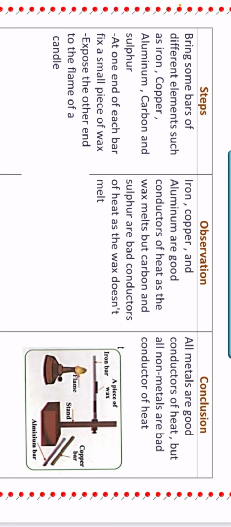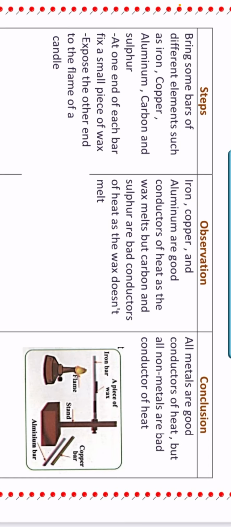All metals like iron, aluminium, copper are good conductors of heat, taking the heat and passing it through. Good conductors of heat because the piece of wax melted. So metals are good conductors of heat, while non-metals like sulfur and coal are bad conductors of heat, and don't let the heat pass through, so the piece of wax doesn't melt.